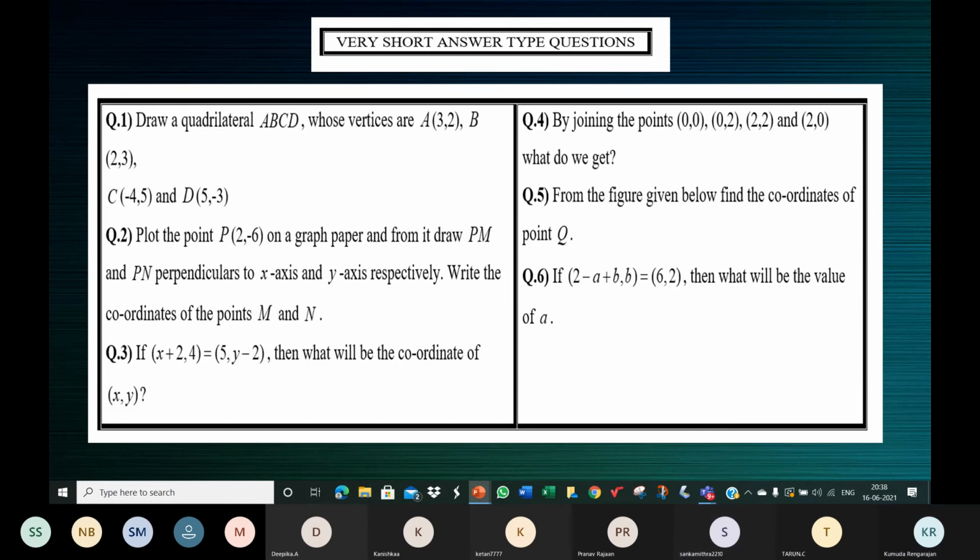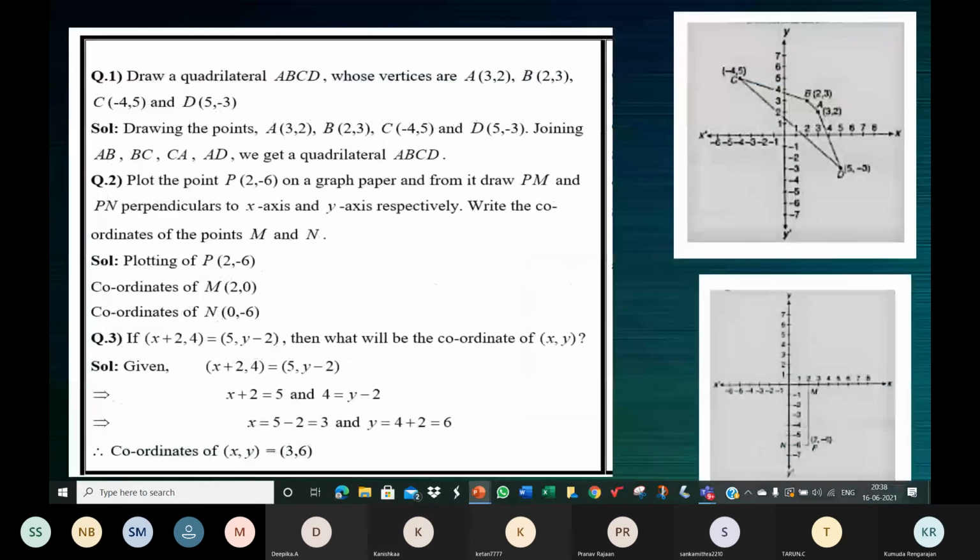Minus 2. A is equal to 2, ma'am. No. And A is equal to minus 2, ma'am. Yes, minus 2 is the correct answer. Sorry, ma'am, A is equal to minus 2. I had written plus 2.